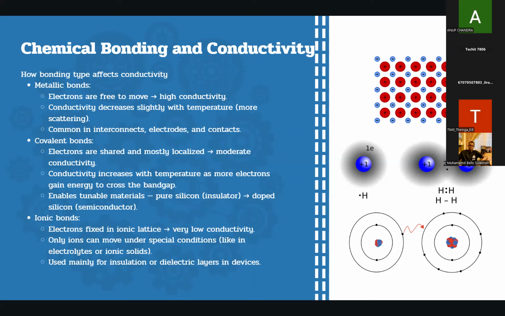And ionic materials only allow ions, not electrons, to move, so they act as insulators or dielectrics in devices. These differences show how metals are used for wiring, semiconductors for chips, and ionic materials for insulation. Go to the next slide.